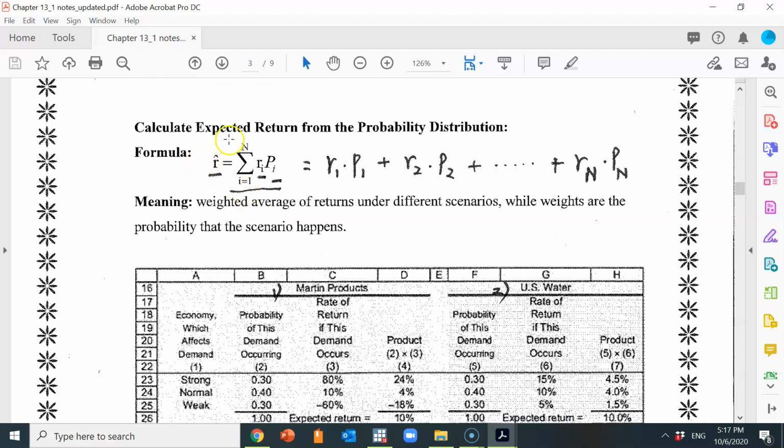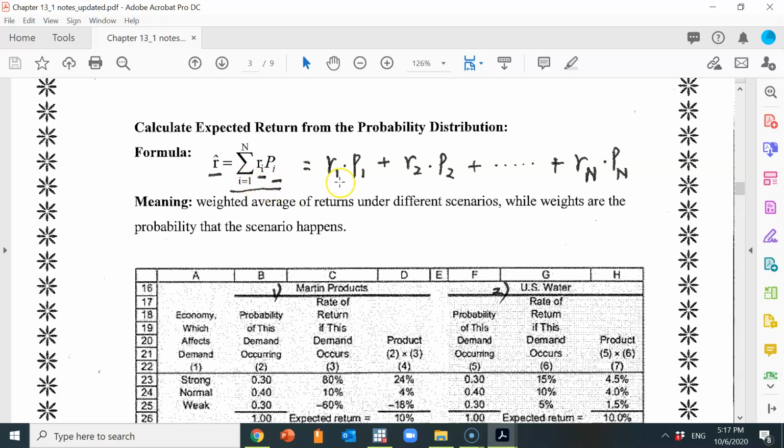And the formula to calculate expected return in such a case would be that the expected return, R hat, equals the rates of return in each occurrence multiplied by the probabilities for each occurrence.